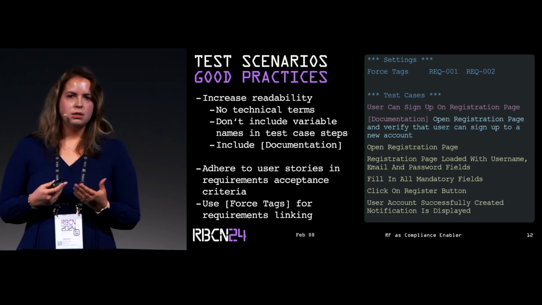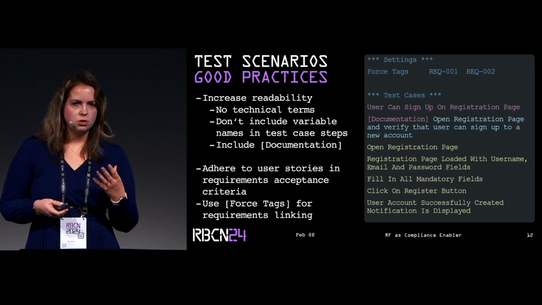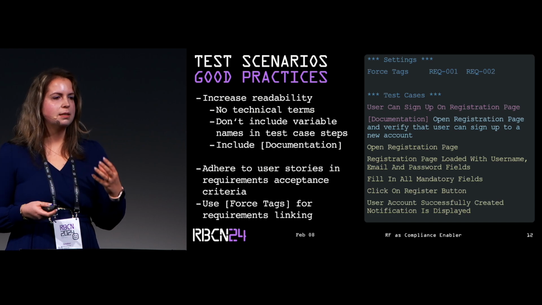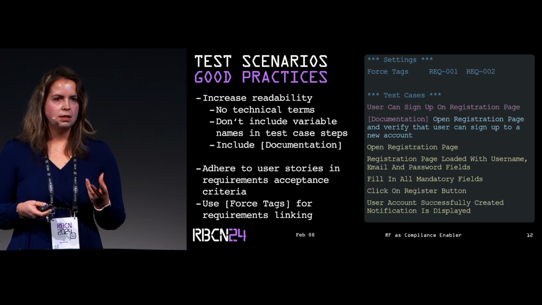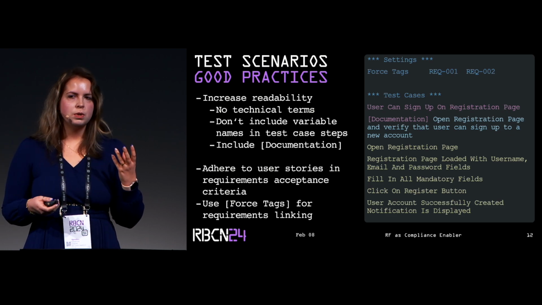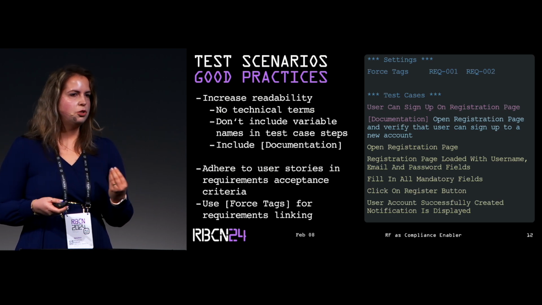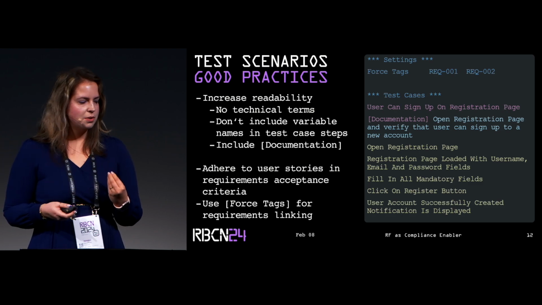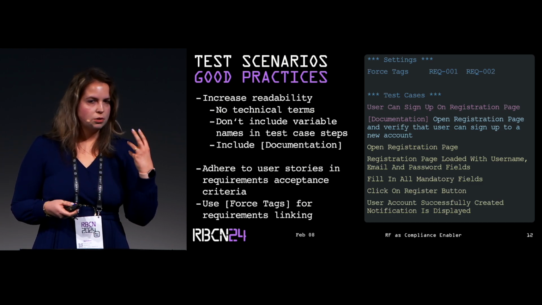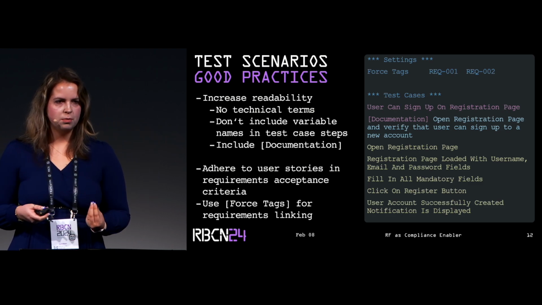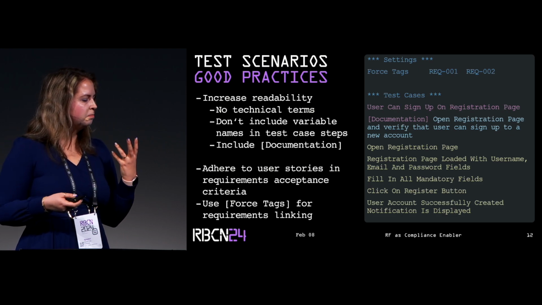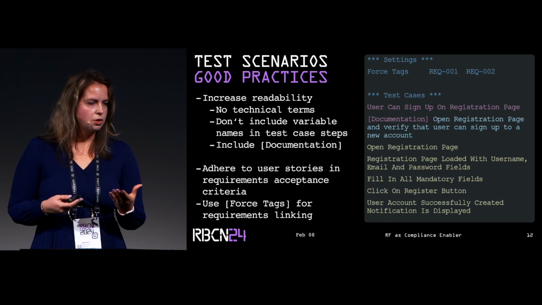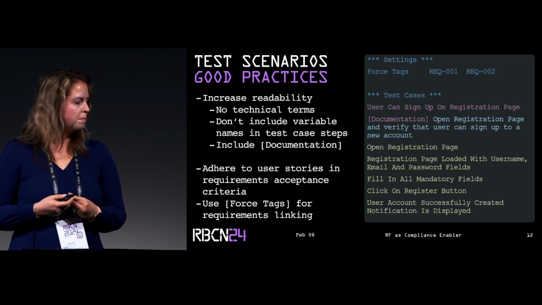You should avoid using technical terms because you always need to keep in mind that the test scenario will be read by a person who is non-technical. So they need to really understand what you meant by this test scenario. What is the outcome that you should get from this test, if it's passed or failed, and what actually is the story and acceptance criteria behind.